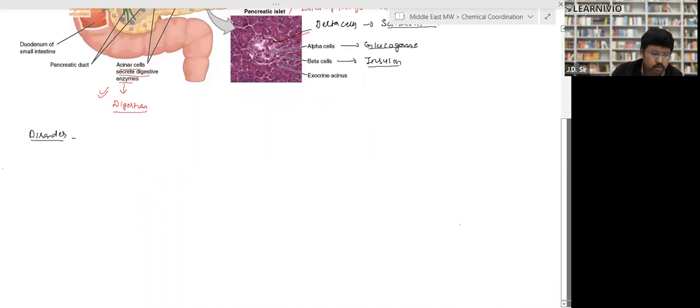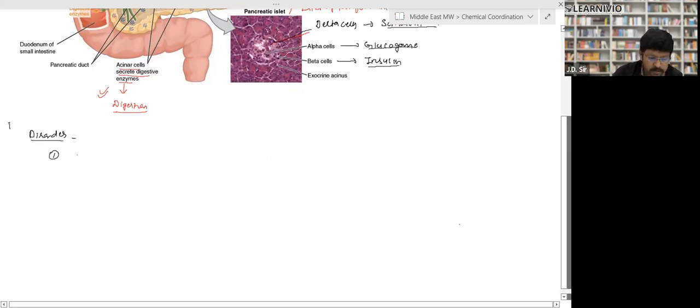So the first and foremost disease that is caused by it is diabetes mellitus. Diabetes mellitus, this is called hyperglycemia.